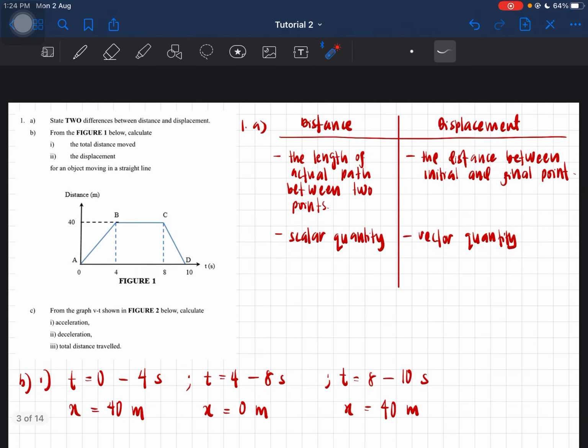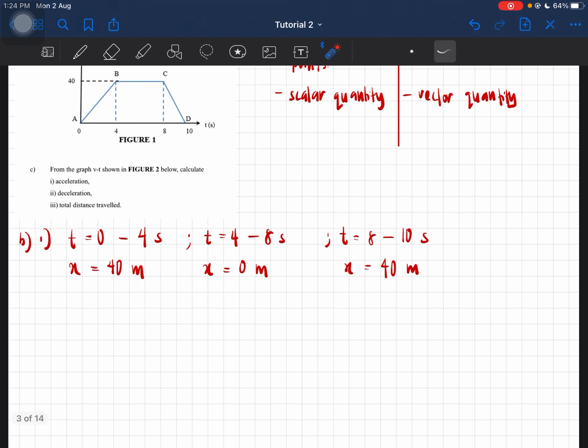Okay, the object is stationary from 4 to 8 seconds, right? So just add them all together to get the total distance, which is 80 meter. Okay, now the displacement, the total displacement is 0 meter. Why?